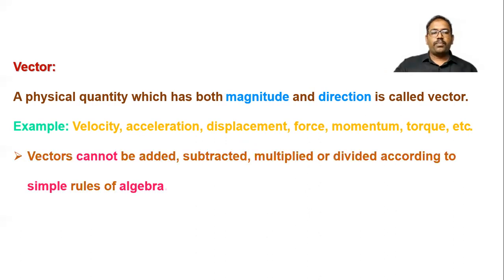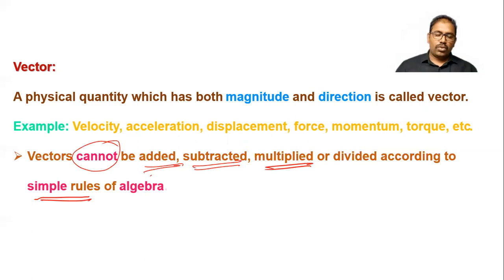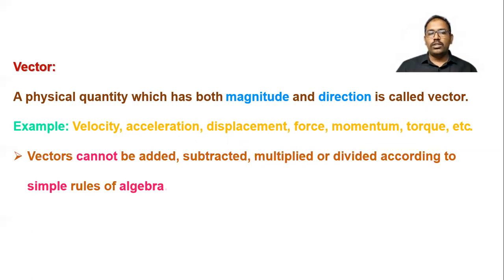Then remember, vectors cannot be added, subtracted, multiplied, or divided according to the simple rules. This is very important. We cannot apply the ordinary rules of algebra to add or subtract vectors, so we have to learn separate rules for vector algebra.